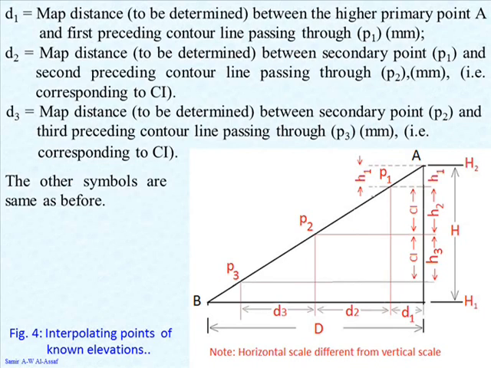That is to say, corresponding to the contour interval. Small d sub 3 equals the map distance, which is to be determined, between secondary point P sub 2 and the third preceding contour line passing through P sub 3 in millimeters. That is to say, corresponding to the contour interval. The other symbols are the same as before.